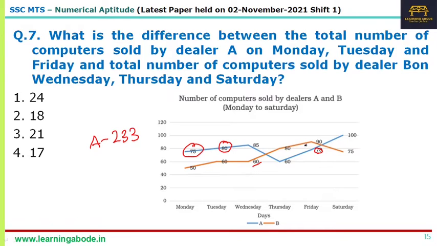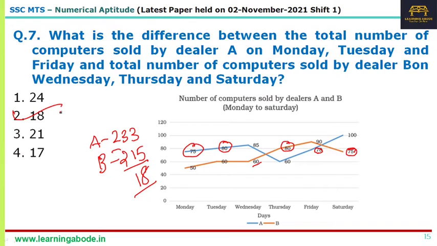Wednesday is 60, Thursday is 80, and then Saturday is 75. So 60 and 80 is 140, 140 plus 75 is 215. So what we have is 233 minus 215, that's a difference of 18. Answer option 2, 18 is the answer for question number 7.